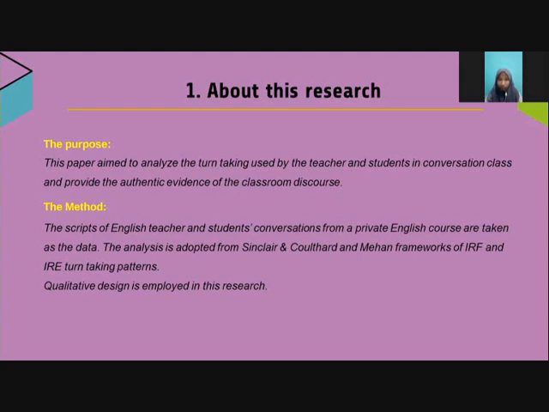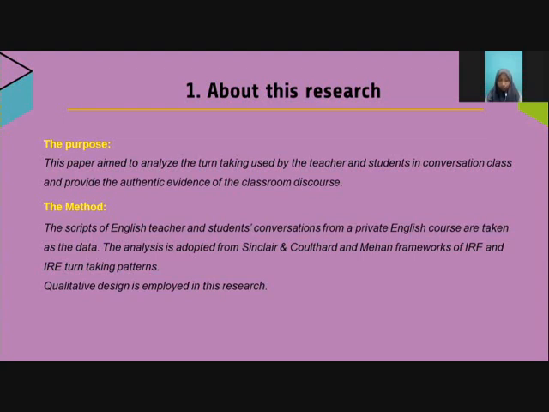And next, the method used in this research. The scripts of English teachers were taken as the data with video recording, and then scripts were made of the conversation between the teacher and the students. This became the data for this research.